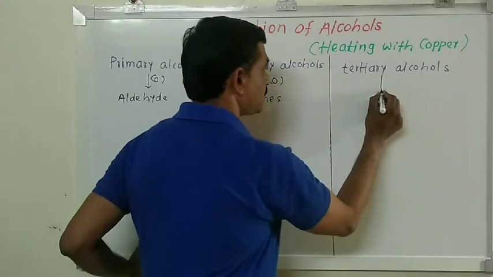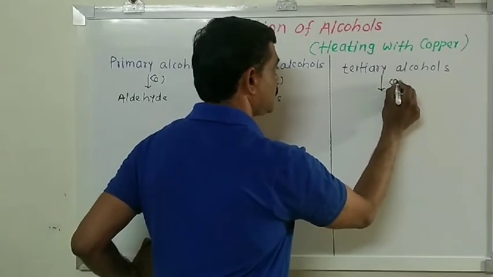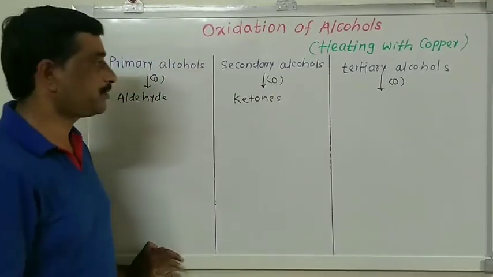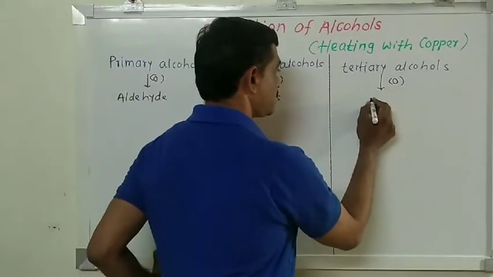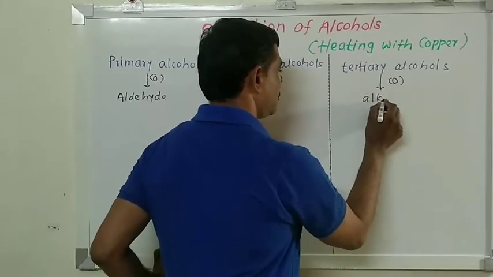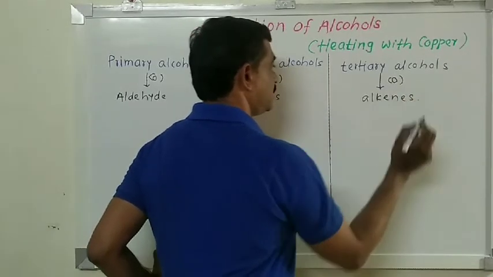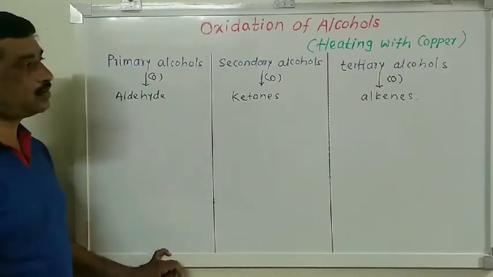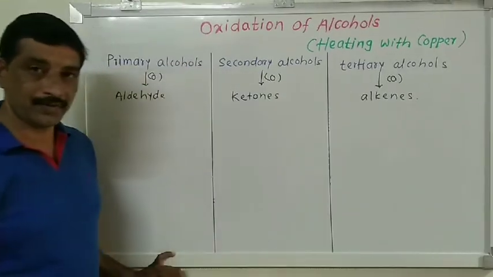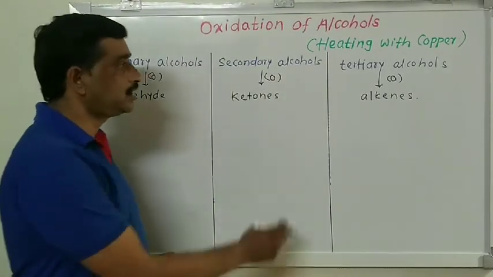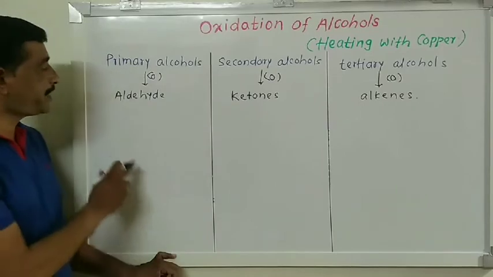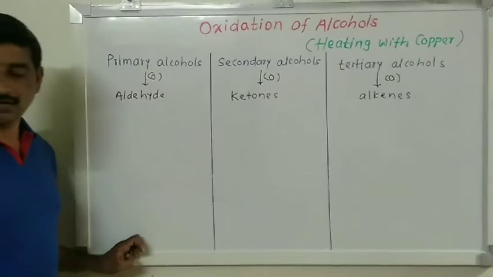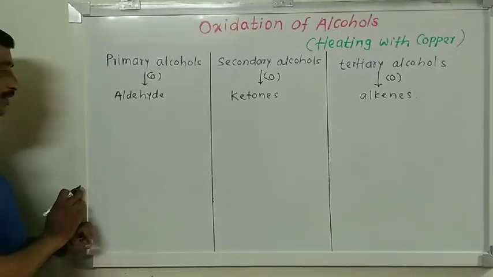And when vapors of tertiary alcohols are passed over the heated copper, they undergo a reaction and give alkenes. So primary, secondary and tertiary alcohol vapors, when passed over heated copper, respectively give aldehydes, ketones and alkenes. So let us consider one example of each.